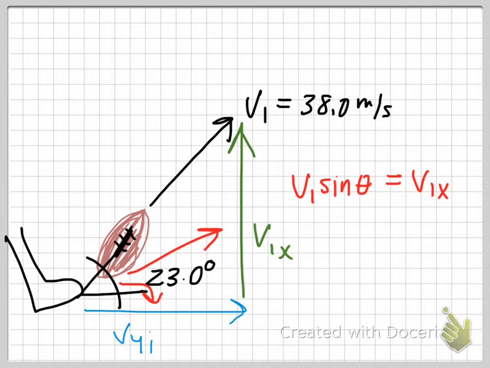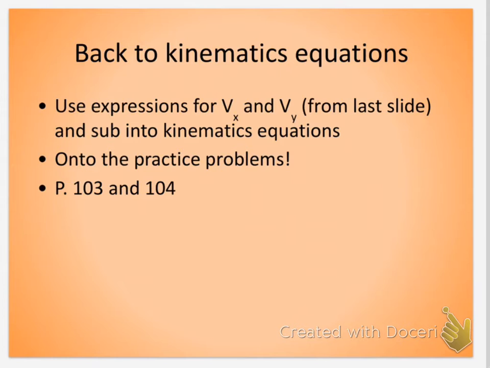Because VIY is adjacent, VI cosine theta equals VIY. And we'll actually just put those right into our table of variables. It's remarkably simple, but these problems do get complex.